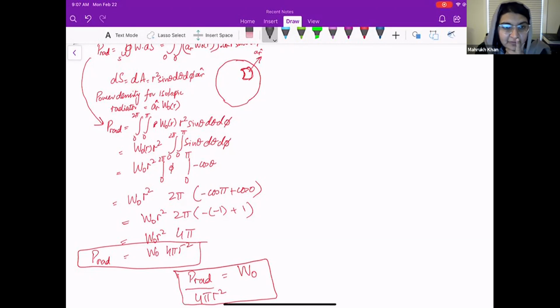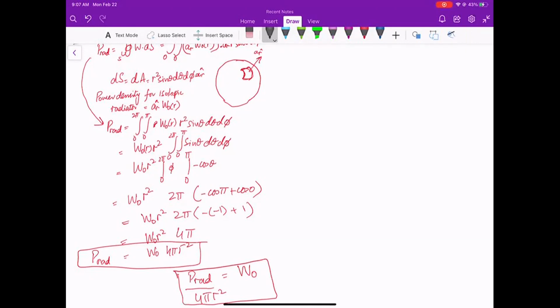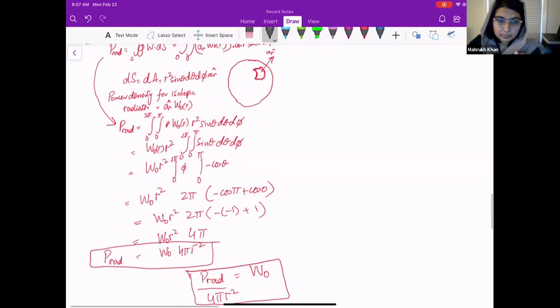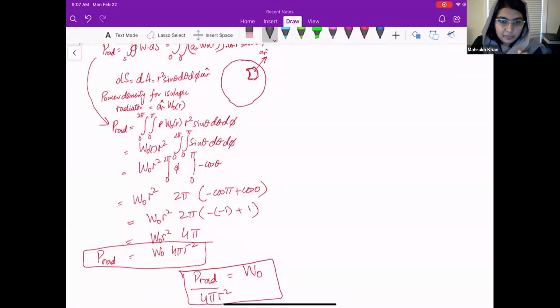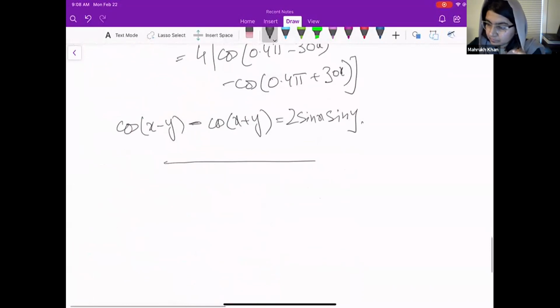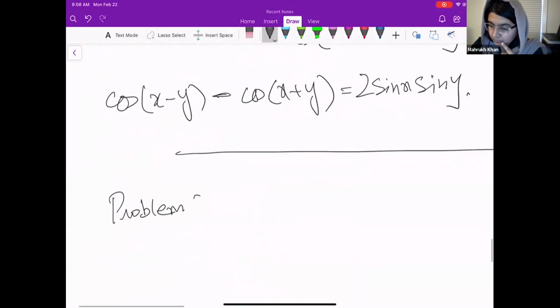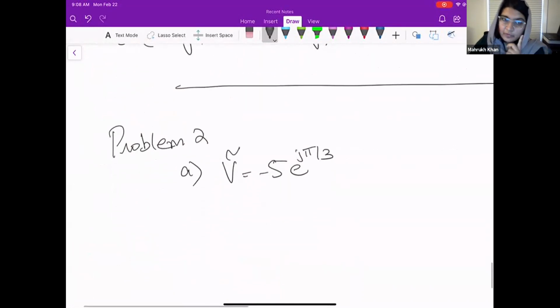So that one was -5 e^(j pi/3), right? Yes. Okay, one minute. Can you see? Yes. So this is problem 2. Let's do part A. So it's V = -5 e^(j pi/3).